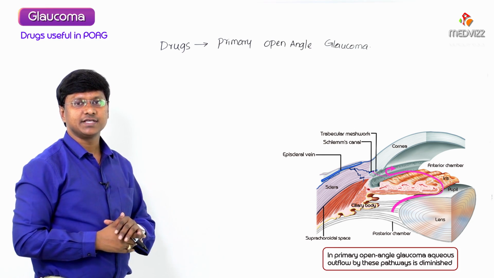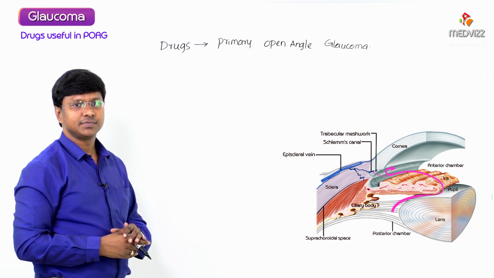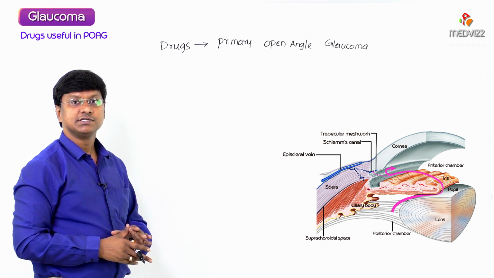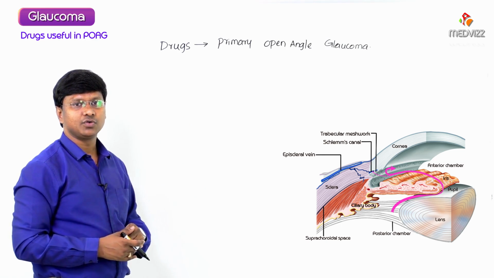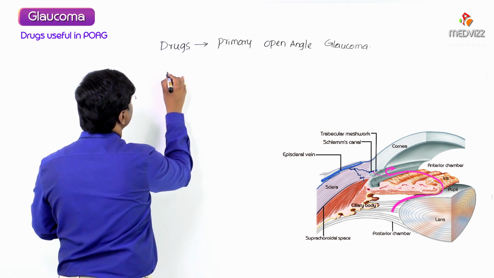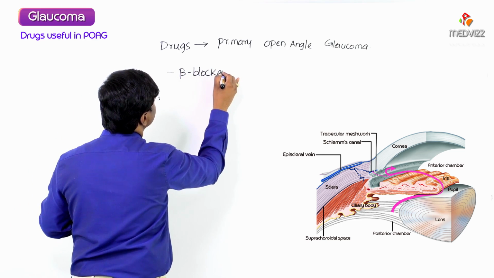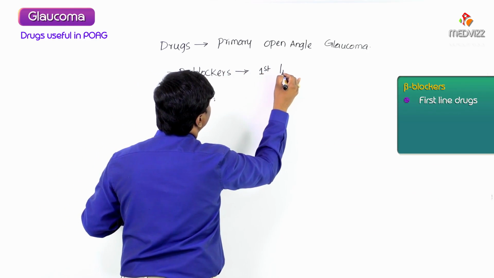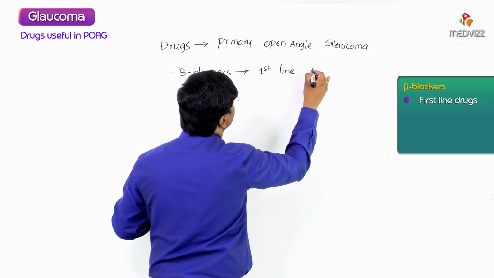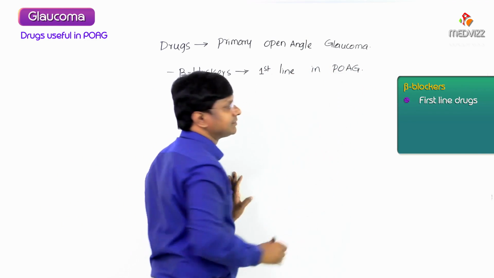Among all the various groups of drugs, the first line drugs, I am not telling the drug of choice, the first line drugs for primary open angle glaucoma are your beta blockers. So beta blockers, they are the first line drugs in primary open angle glaucoma.